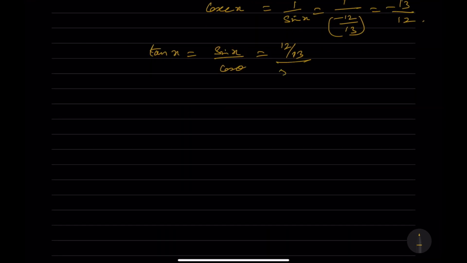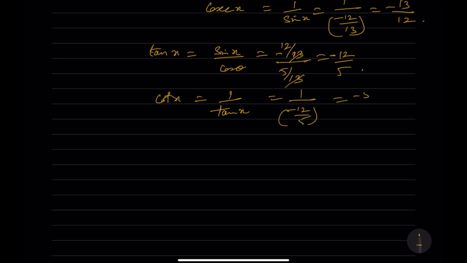So 13 will cancel, and we get 12 by 5, and since this is in the fourth quadrant, it is negative because sin is negative. It is minus 12 by 5. Then cot x is equal to 1 by tan x, which is equal to 1 by minus 12 by 5, which is equal to minus 5 by 12. So this is the answer for the fourth one.